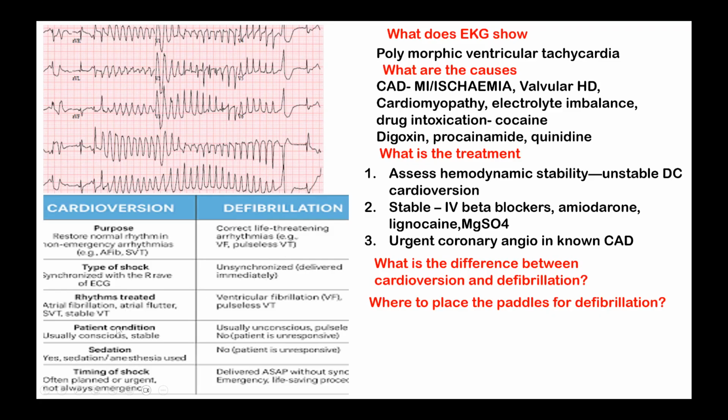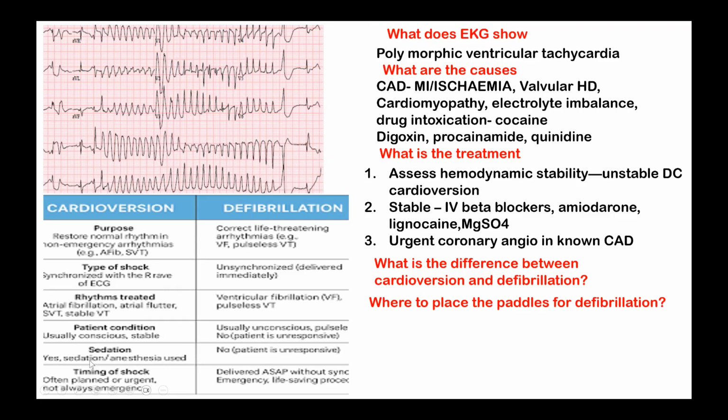Cardioversion is usually done in a conscious and stable patient. Stable in the sense it is otherwise okay, whereas defibrillation is usually for a patient who has collapsed or is on the verge of arresting, no consciousness will be there.